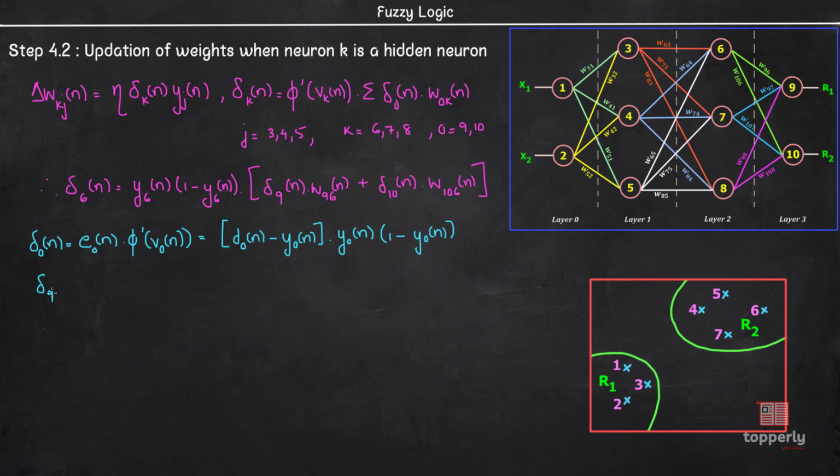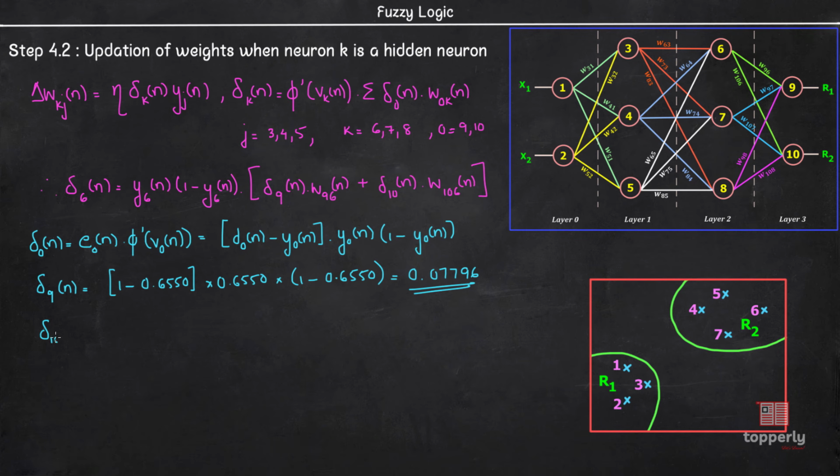So dou 9 of n is equal to 1 minus 0.6550 into 0.6550 into 1 minus 0.6550, which is equal to 0.07796.